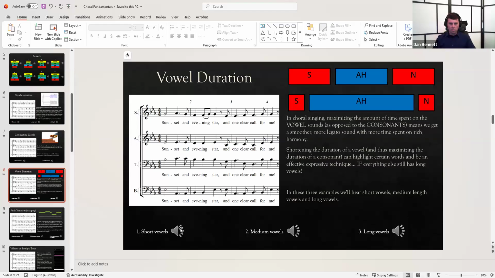So let's listen to our 3 examples. This one is short vowels. Sunset and evening star, and one clear call for me. And this is medium vowels.